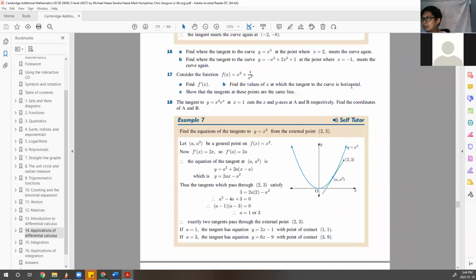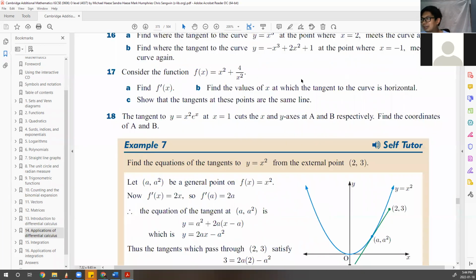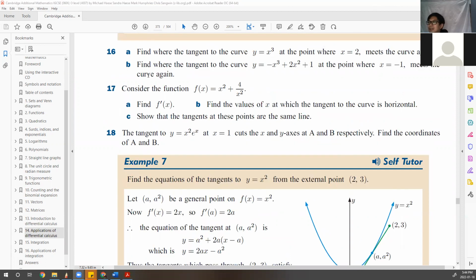You need to master this number 17. I'm giving you time sometimes to do number 17. One or two questions. We still have about 16 more minutes. We have so much time left. Wait, 16 and 17. 16 is quite complicated.